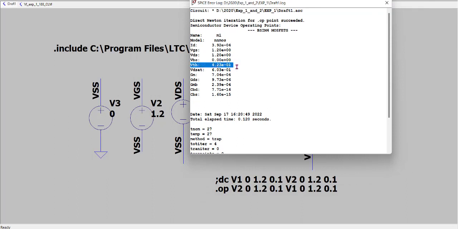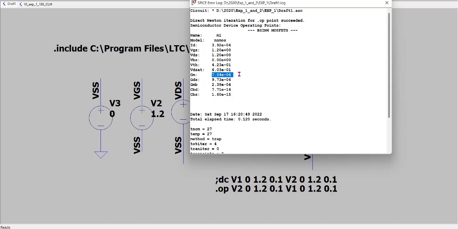We saw it was somewhere near the 0.5 volts, right? So here you can see VTH is about 0.423 volts for this NMOS. And the GM value is also there, and these are always in SI units, okay.